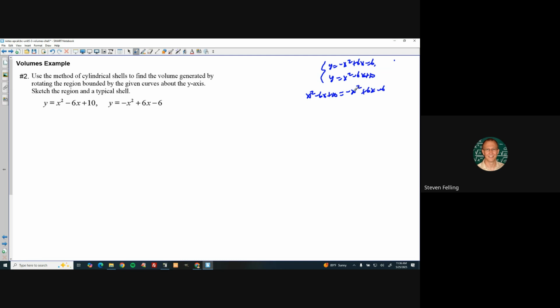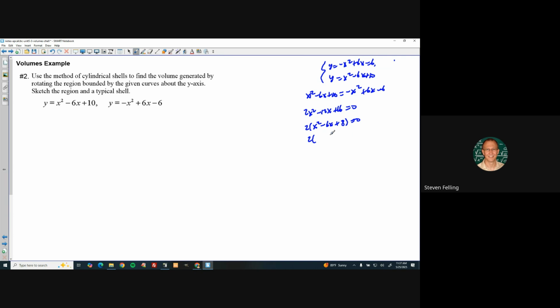If we get everything to the left side, that would be 2x squared minus 12x, plus 10, and if I subtract the negative 6, that would be plus 16, equals 0.